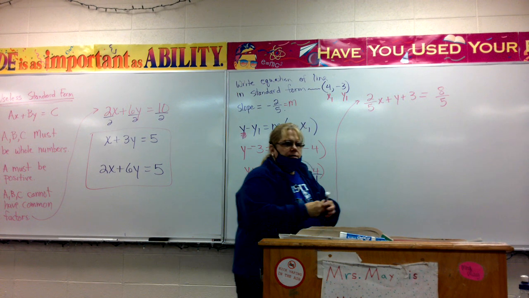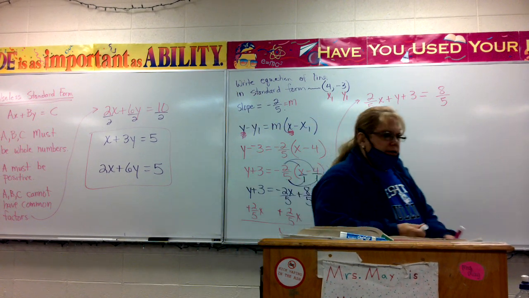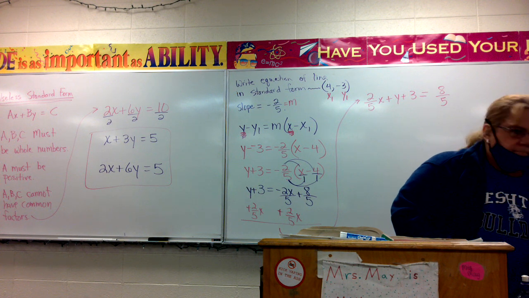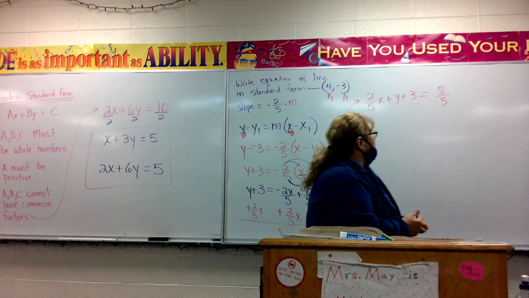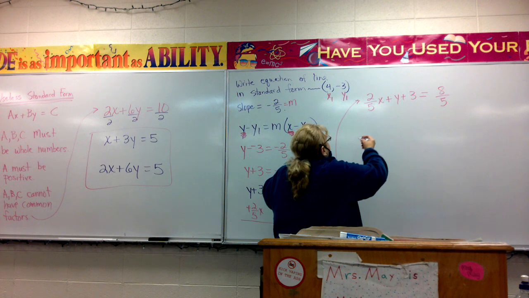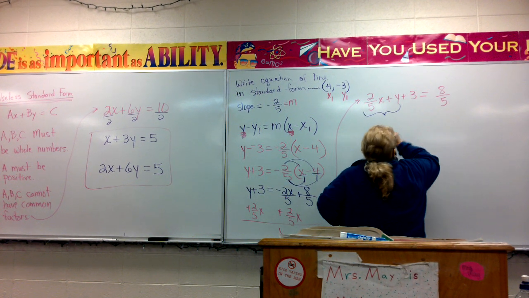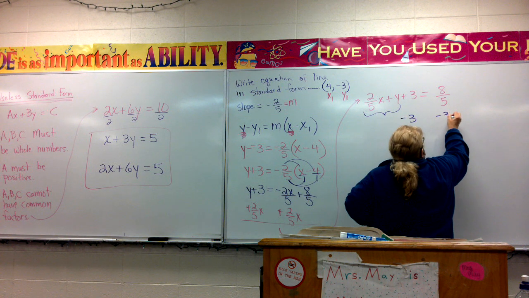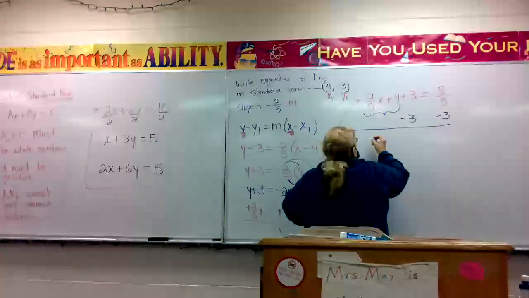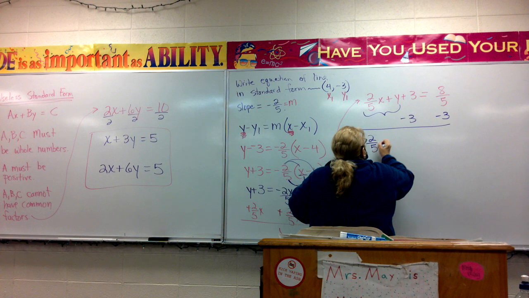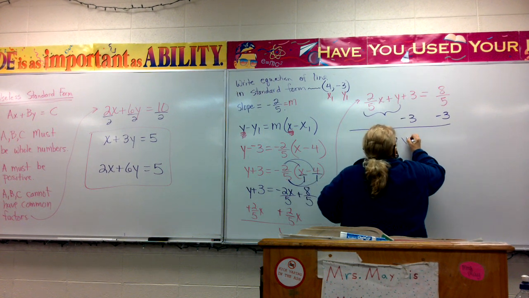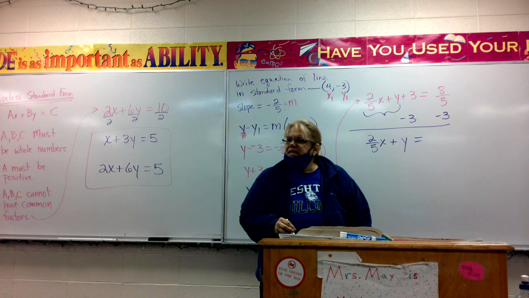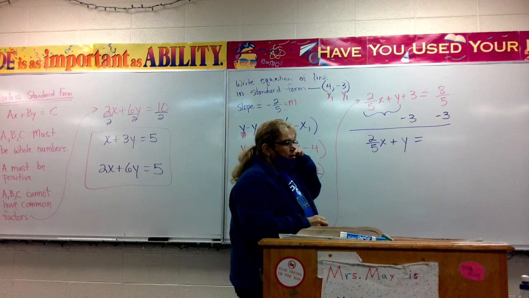Now what? We have all the x and y together. Minus 3. 2/5 x plus 1y equals. What are you going to need over there if you're going to put those together?